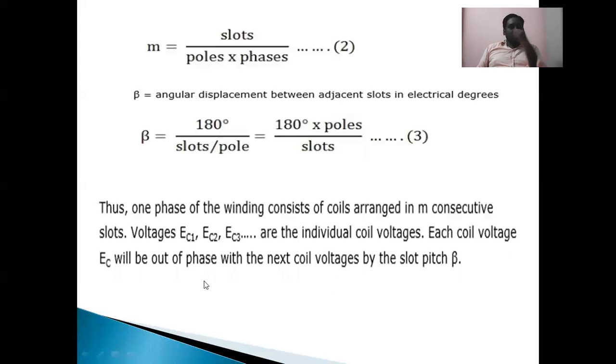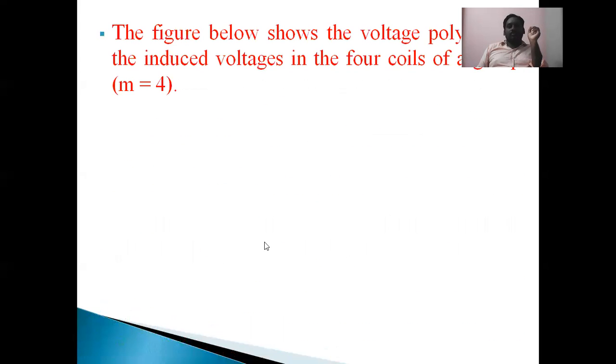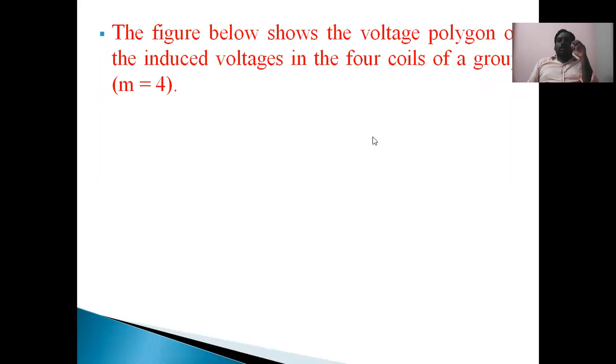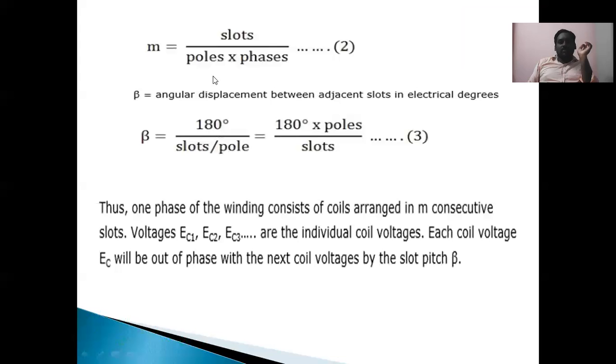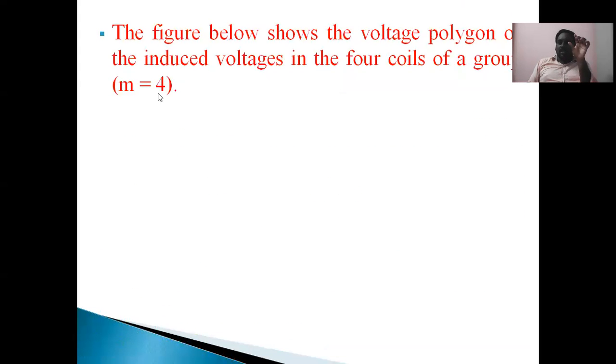Now see here. In distributed winding, the coils are distributed throughout the slots of the armature circuit. Let the number of slots per pole per phase be 4.